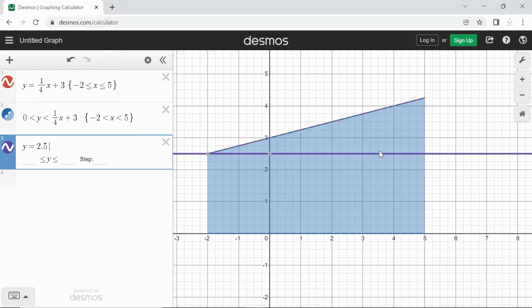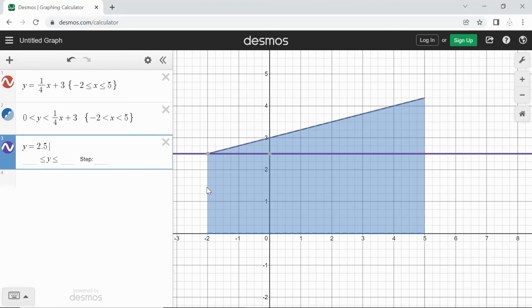If I take this line cutting through, I can calculate the area by combining the triangular portion that's above this horizontal line and the rectangular portion that's below the horizontal line. Let's take a look at the triangle first.